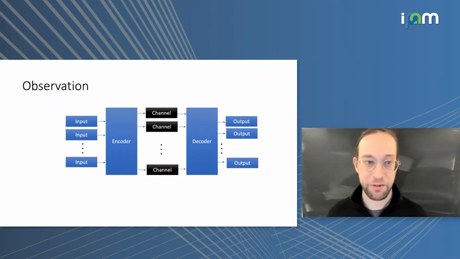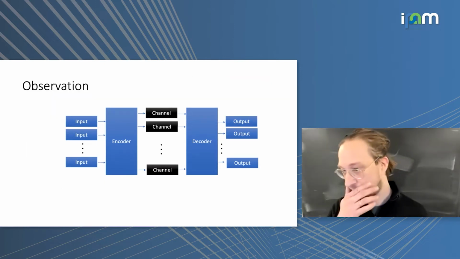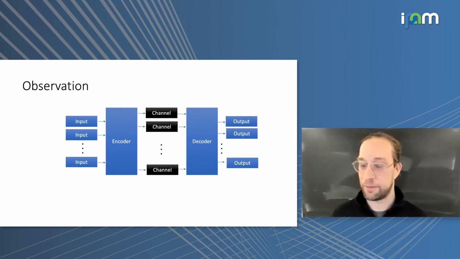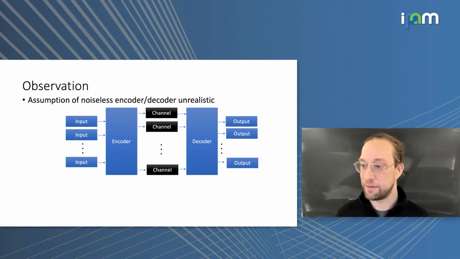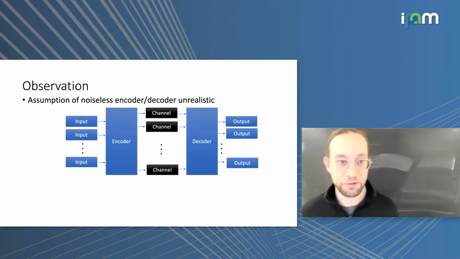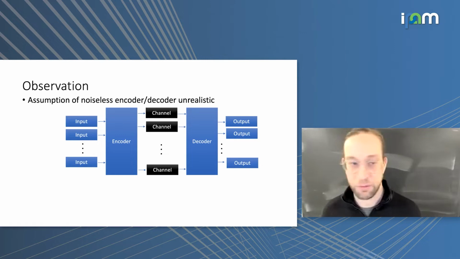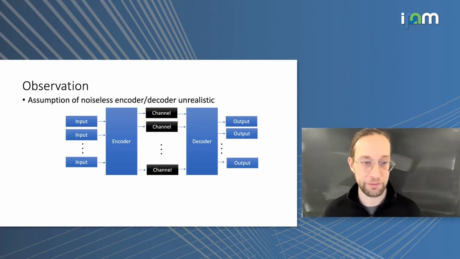So here's a small observation. And the observation is that actually the assumption of noiseless encoder and decoder is unrealistic. So if you talk to anyone who tries to build a quantum computer, they will tell you that in quantum computing, we will not have noiseless qubits.